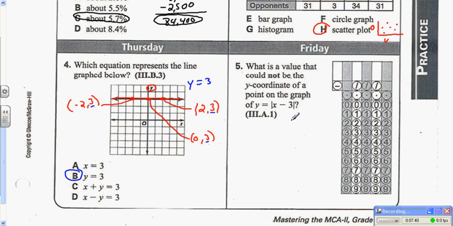Number 5, what's the value that could not be the y-coordinate of a point on this graph? If we were to graph this on your calculators or by hand using an XY table or something like that, where you would pick an X, pick a Y, plug in points, we would get a graph that looks like a V. It's called a graph of an absolute value.